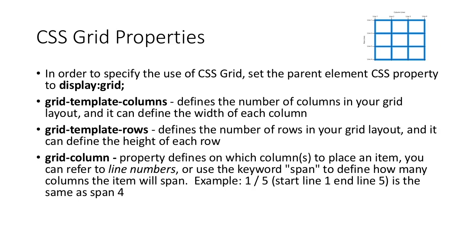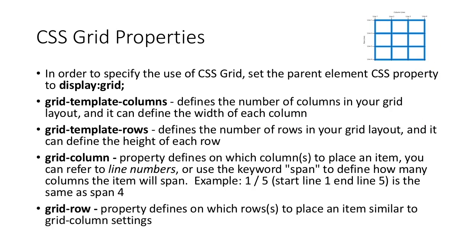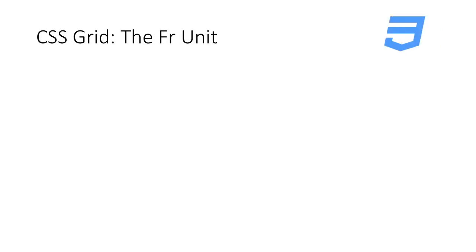That means start at line 1, if you look at the grid over here, and then end at line 5. So that would span essentially 4 columns. It's kind of weird the way it's set up. And then you have grid row, which is pretty much the same thing, except it's for specifying rows instead of columns. So you can have something stretch multiple rows, for example.